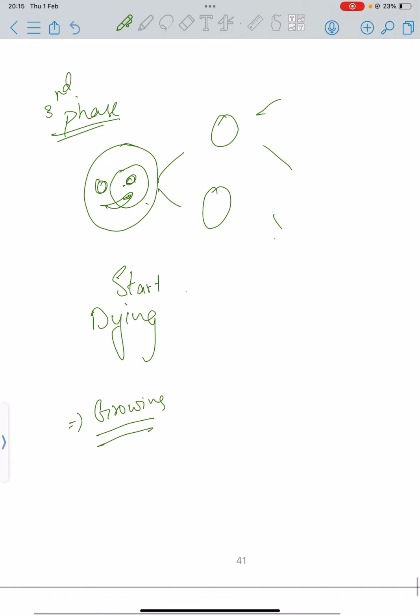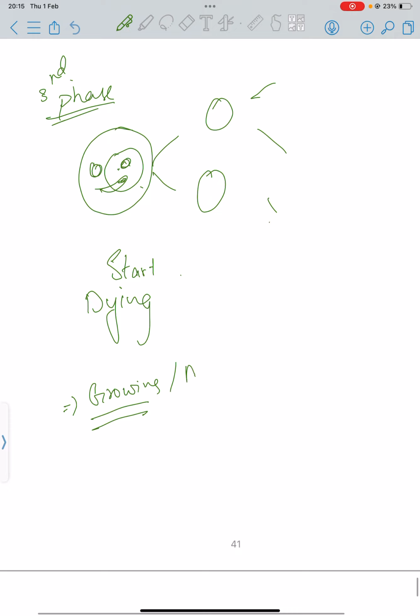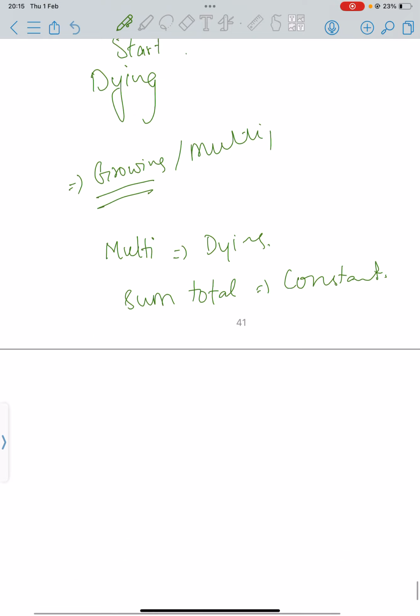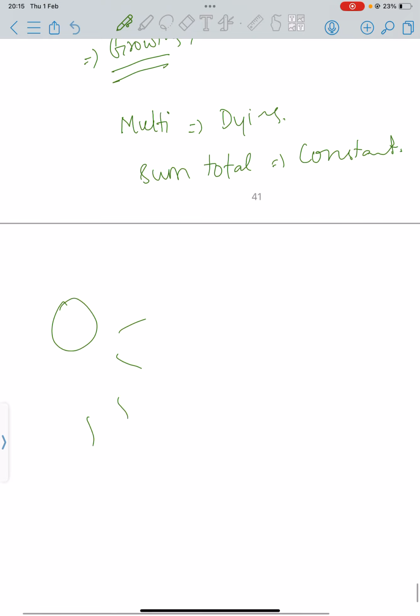So in this phase, the number of bacteria multiplying is equal to the number of bacteria dying. So the sum total is constant. You get my point? Some bacteria are multiplying, some bacteria are dying, but the net result is constant.